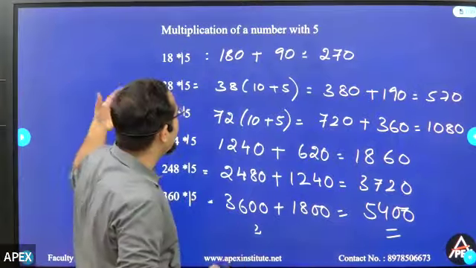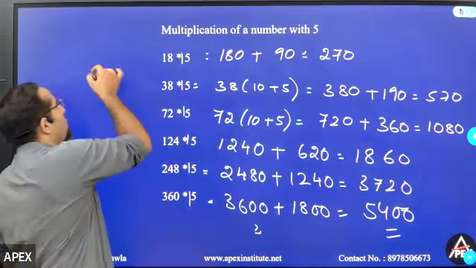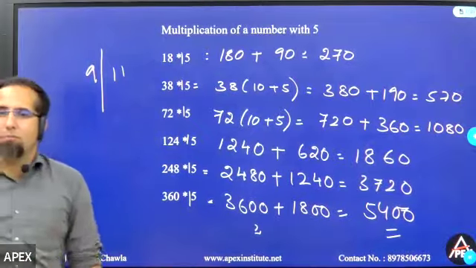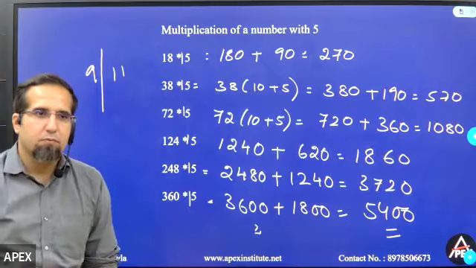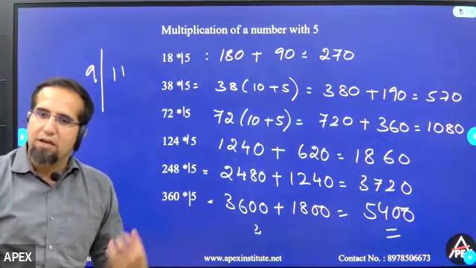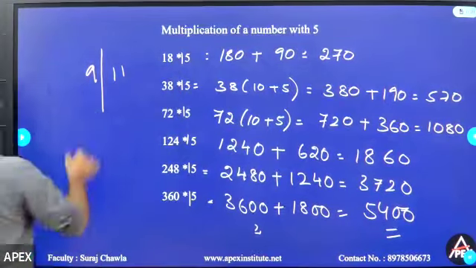Right? Now, similarly, the same extension can be done to two more numbers, multiplication by 9 and multiplication by 11. So if I'm looking at multiplication of 9, I can write 9 as 10 minus 1. Clear? Now, why does this become a shortcut here?